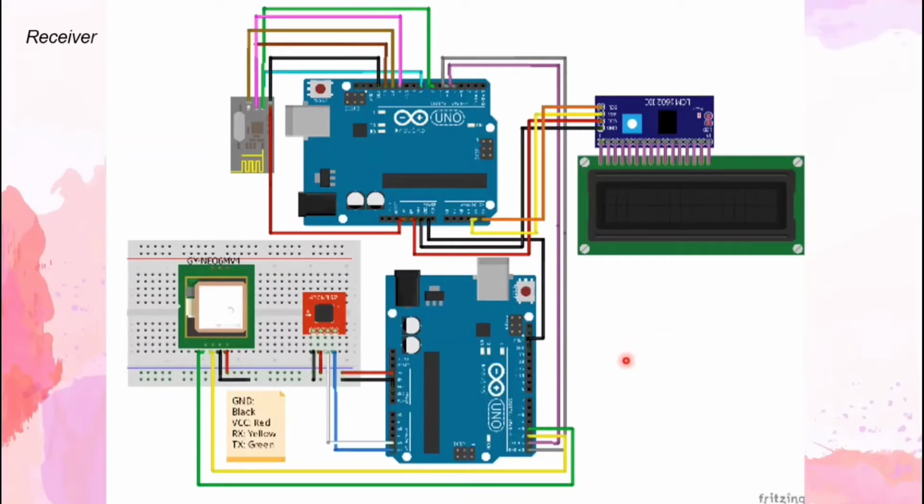Take a look at this schematic, which shows how the GPS and compass module communicate via connection. So we are using the Arduino software serial library, and the wireless module RF24 with SPI communication.